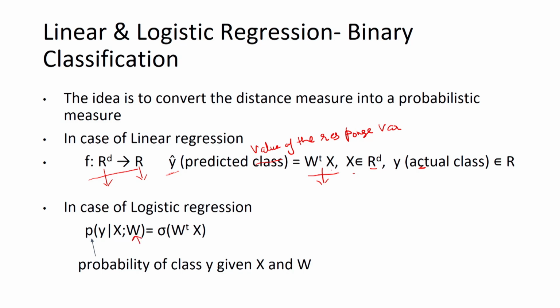Definitely we will learn the best values of w from the data, and with those w we will get the probability of belonging to class y for the given instance x.